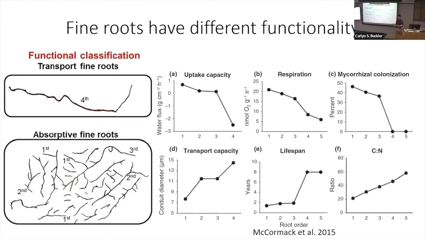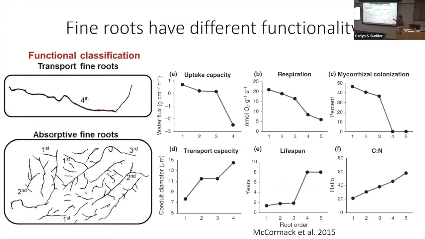And I mentioned before that they do a whole bunch of different functional roles in the environment. And so what we're looking at here is 6 different measures of functionality, or different metrics for different fine roots. What we have on the x-axis is root order. So we go from first up to 4 and sometimes to 5. And on the y-axis, we just have a different functional measure. And you can see that with increasing root order, as we go to a higher number here, we get more transportive capacity.